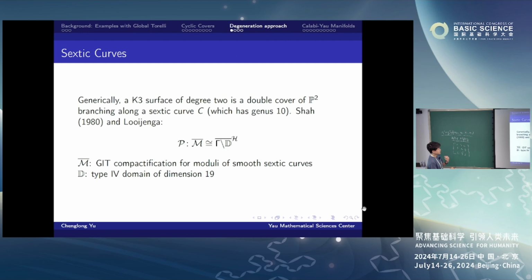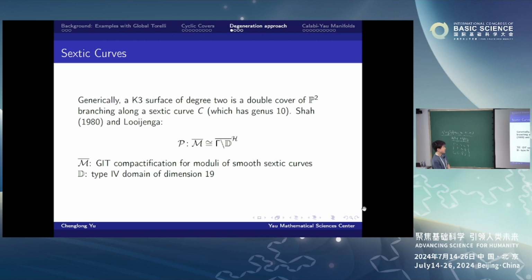Generically, if we consider the most simple polarized K3 surfaces, the most simple polarization is just a degree 2 ample divisor. Then if we consider the linear system corresponding to this degree 2 divisor, the linear system will have dimension 2. So you will have a canonical map from the K3 surface to P2, and it will be a double cover.